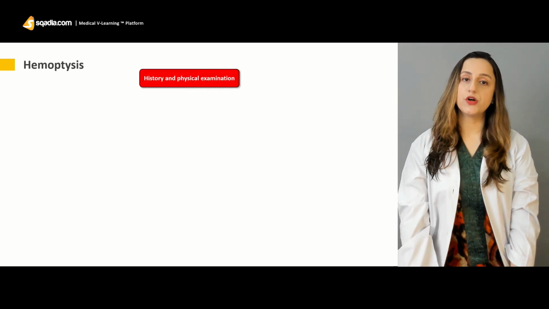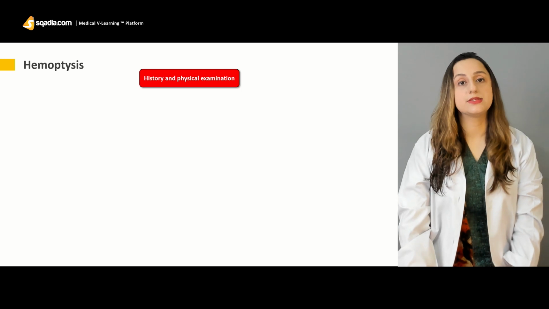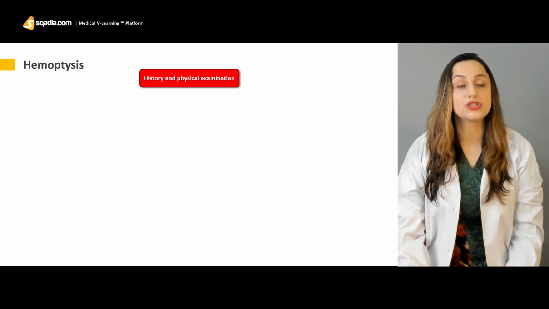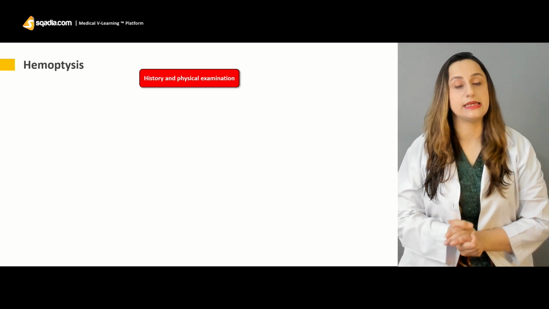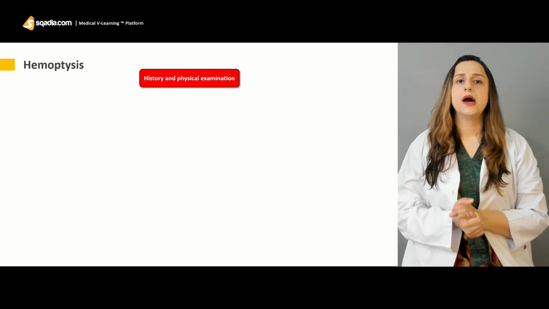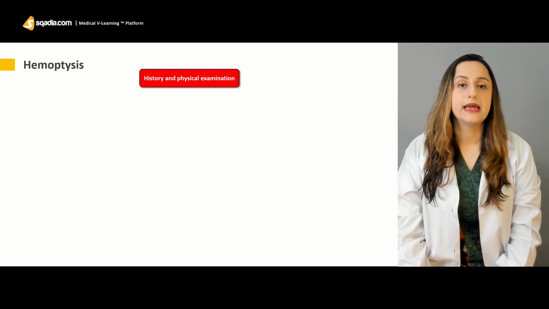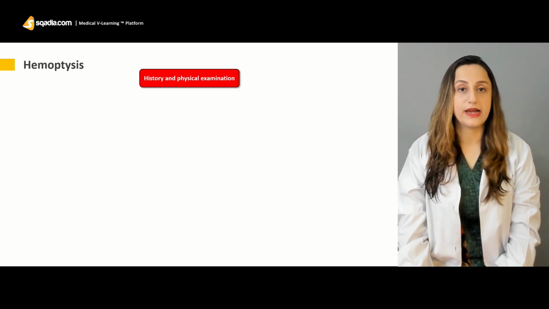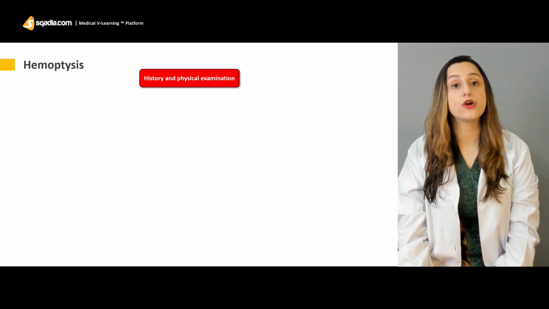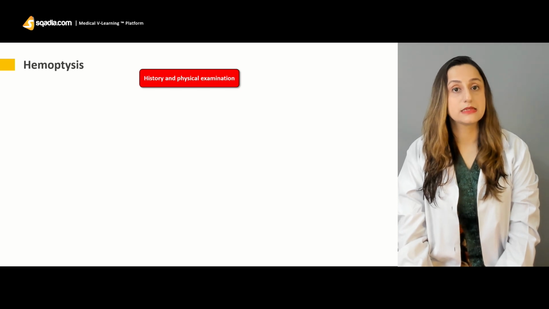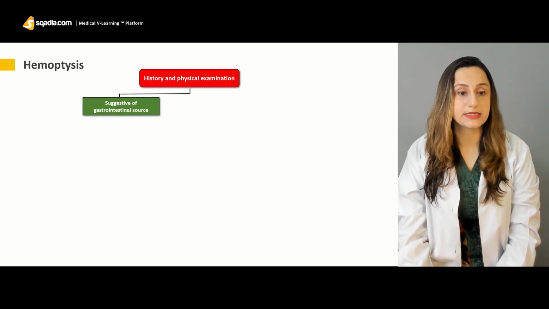So you're going to look at the history as well as perform a detailed physical examination in these patients, looking for the signs of anemia or features which are diagnostic. Basically you're looking for the cause which is resulting in this scenario of hemoptysis.